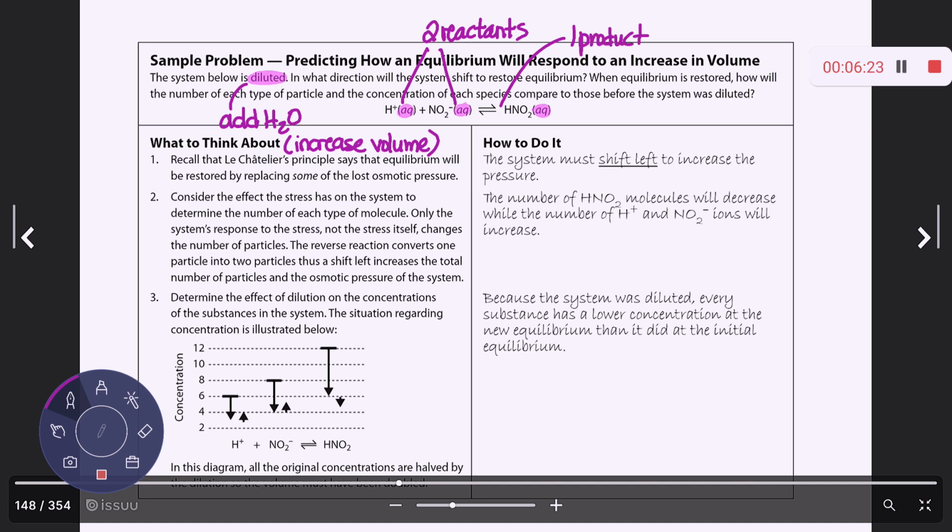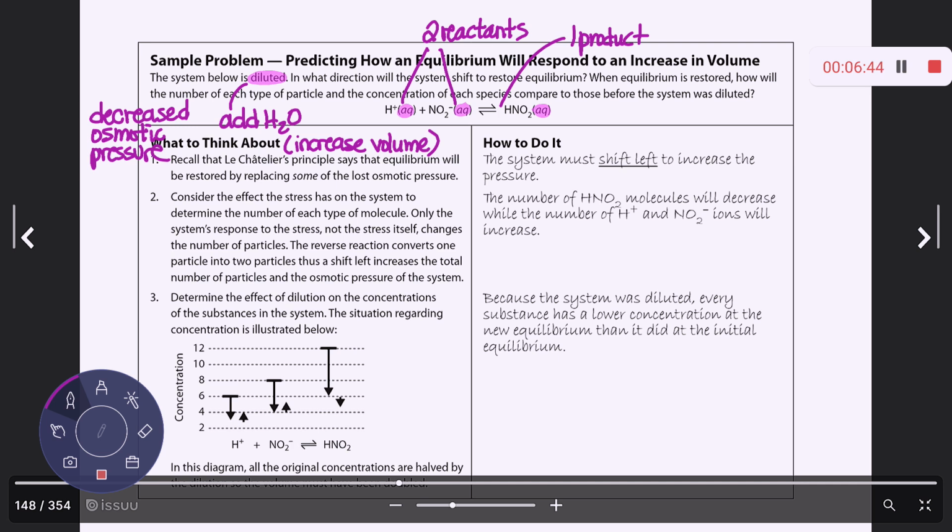So anytime you dilute something, what you're doing is, since this is a solution, we are going to decrease the osmotic pressure. Well, in order to restore equilibrium, I need to bring some of this osmotic pressure back.